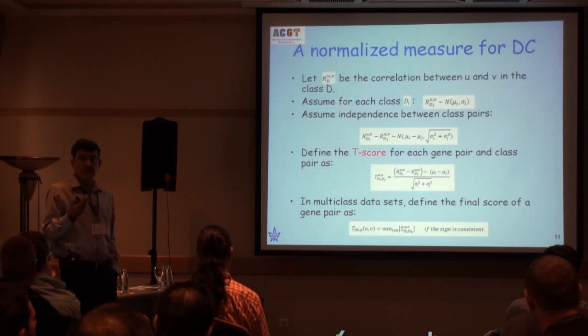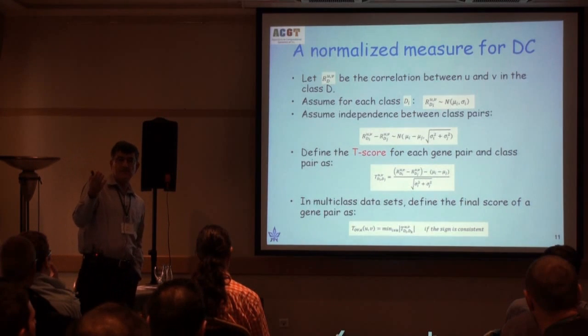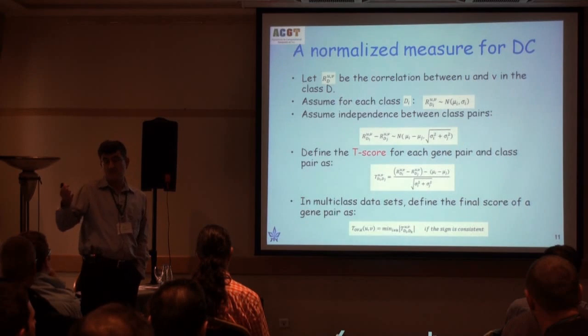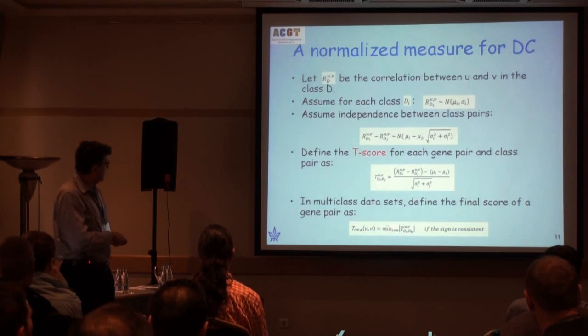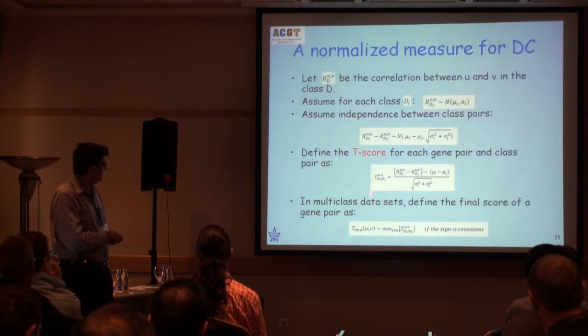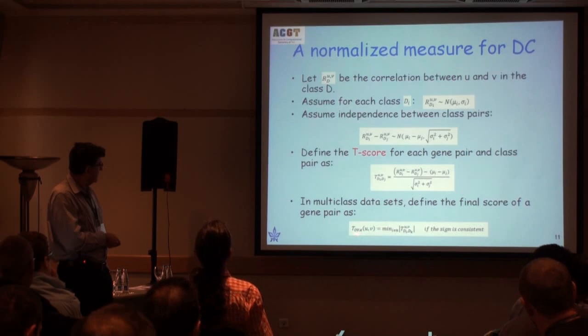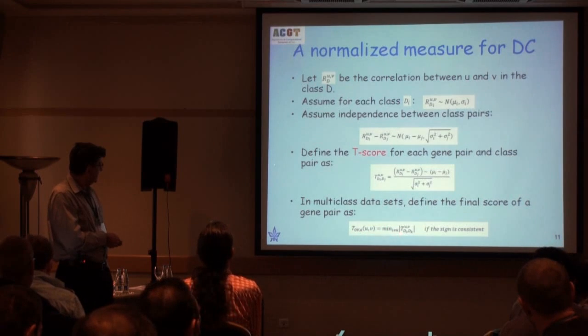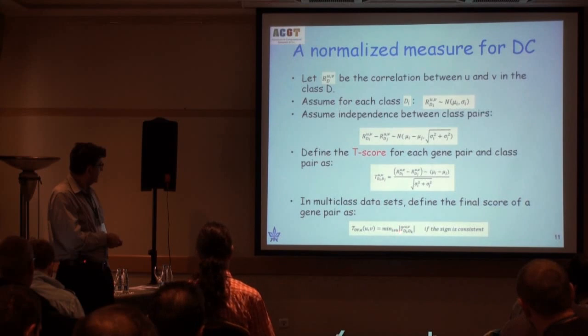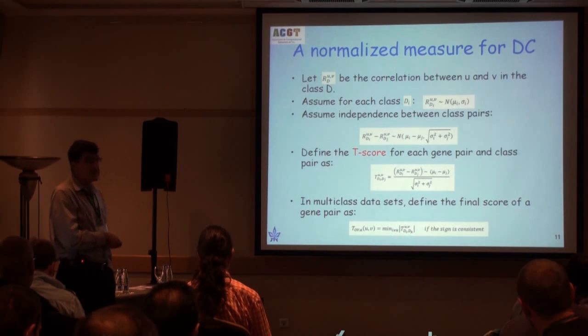When there are multiple classes, so sometimes the data is not 2 classes, but 3 or 5, then we will just take the minimum of these values, so this is the 1 versus all t-score for a particular class. We look at all classes different than our class K and take the minimum value.